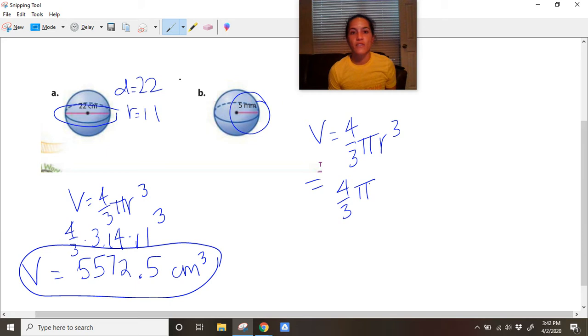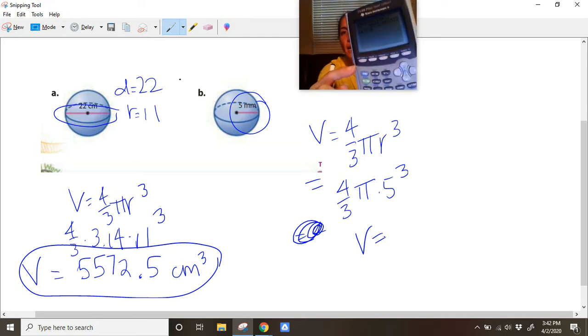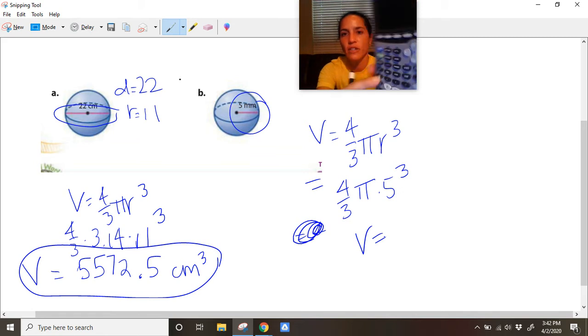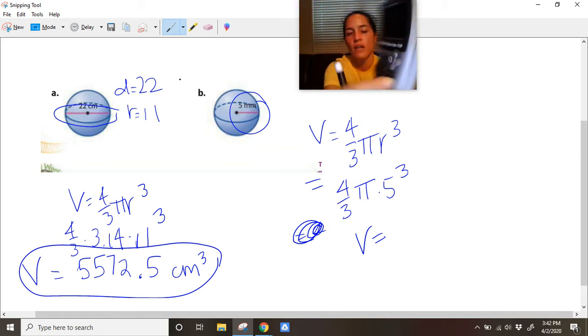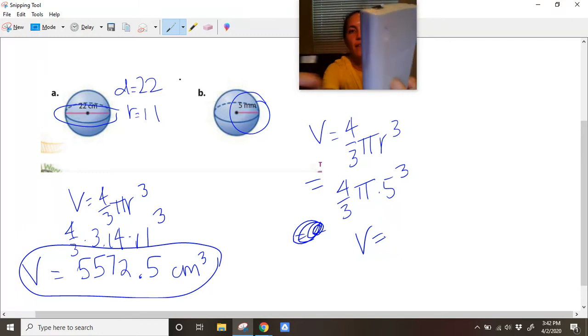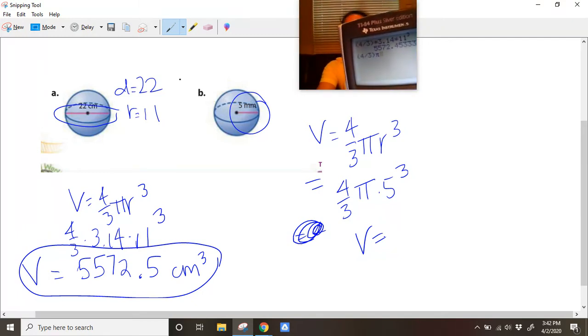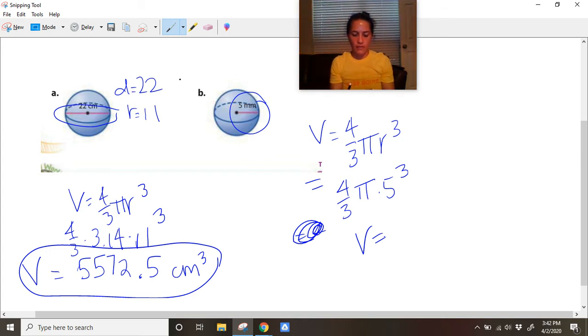The pi key is like the second function over here. So I'm going to press second pi, and then 4/3 pi times 5 to the 3rd power, since the radius is 5.